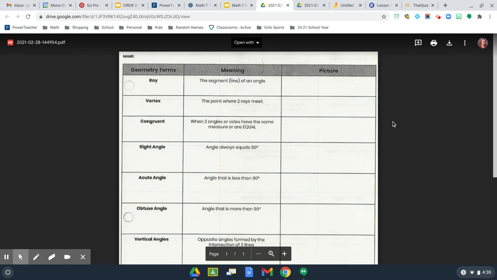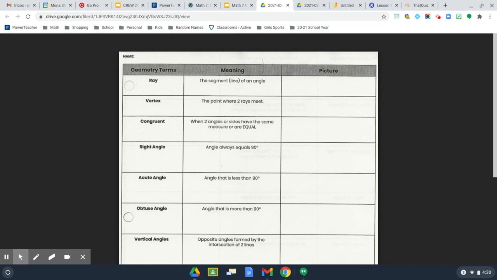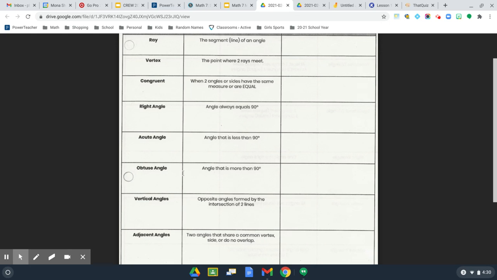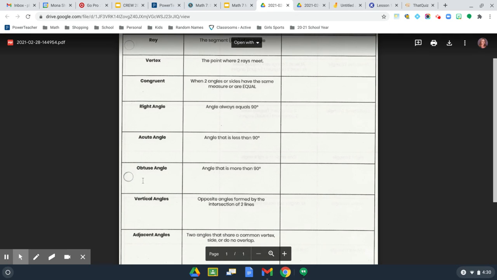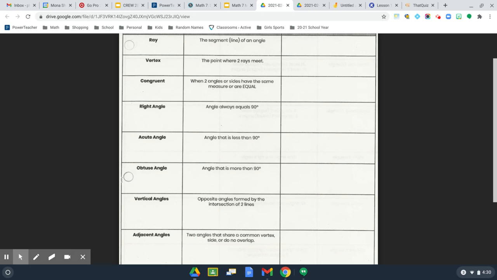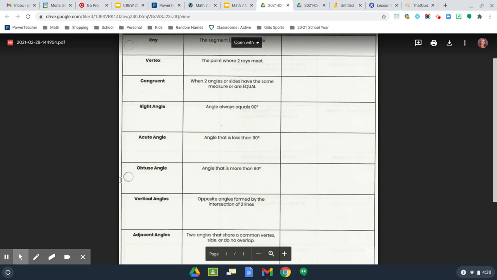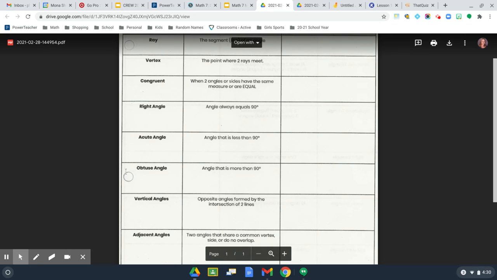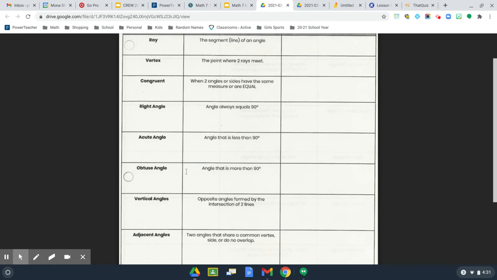All right, let's start to look at some vocabulary. On your worksheet, I forgot to add a vocabulary word that we need as far as angles go. Down where you see obtuse angle, it's a pretty wide row. Will you do me a favor and take your pencil and draw a line cutting that whole box in half. So you'll have obtuse angle, which is more than 90 degrees, and we're going to leave a spot to draw a picture.